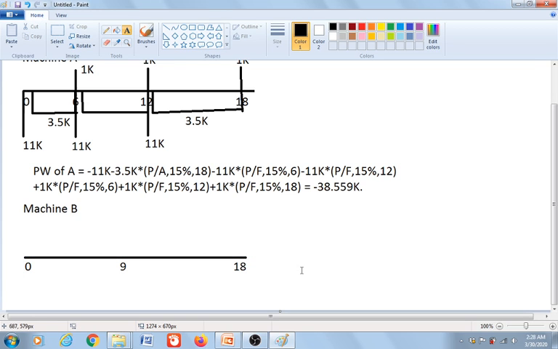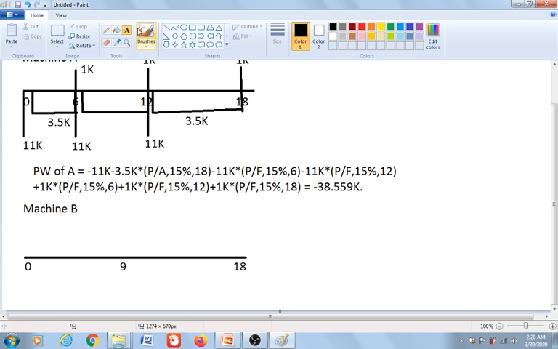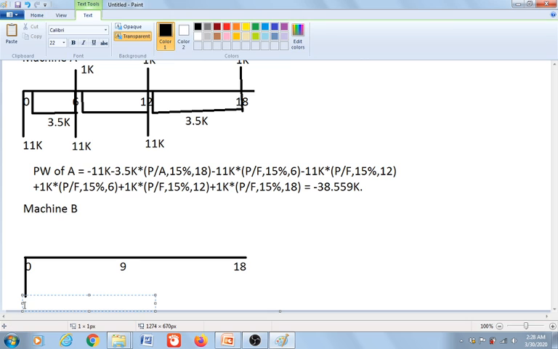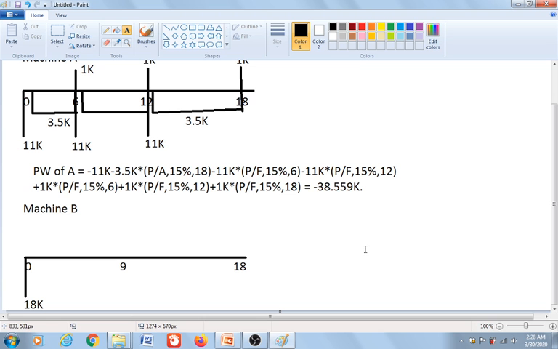Okay, so for the first machine, the initial cost is 18K, so we're gonna have 18K over here. And the salvage value is 2000, so that's gonna happen at the end of year 9.